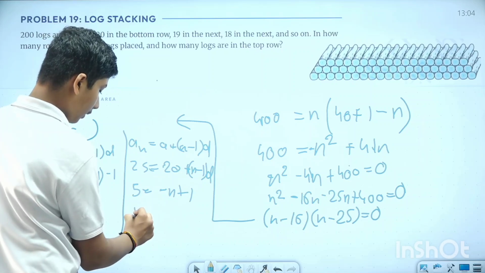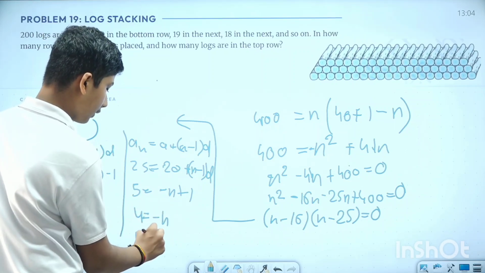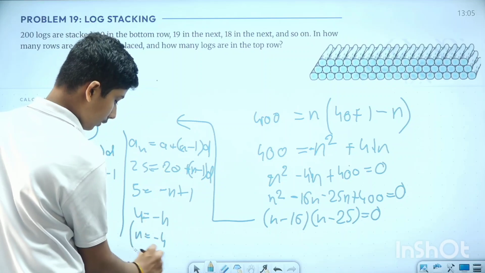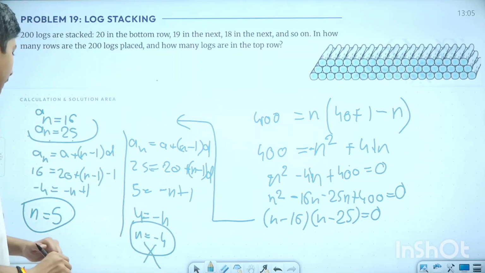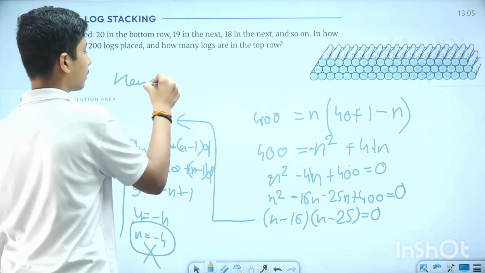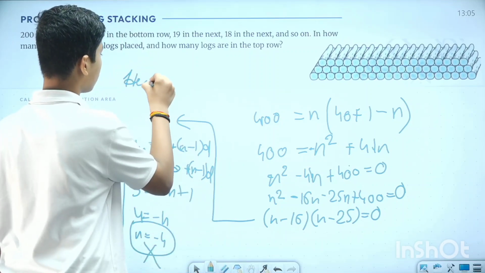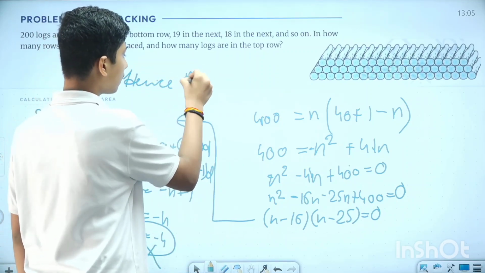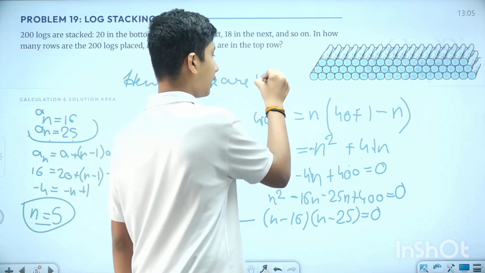This will come to this side, 4 equal to minus n. So n equal to minus 4. This one is rejected because n cannot be negative. And here n equals plus 5. Hence, there are 16 rows.